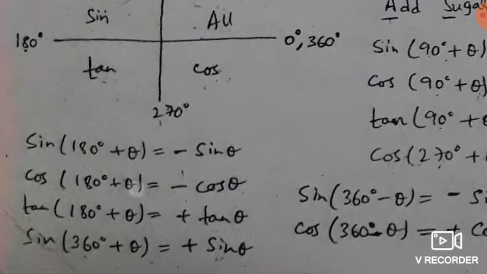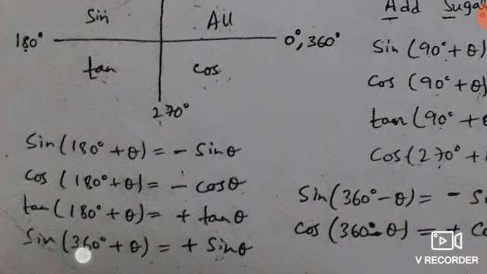Cos 180 degree plus theta will be minus cos theta, because cos is positive only in the fourth quadrant, and tan 180 degree plus theta will be tan theta. Here it will be a positive sign because 180 degree plus theta is in the third quadrant where tan is positive.